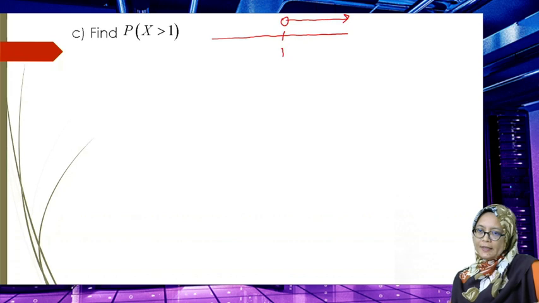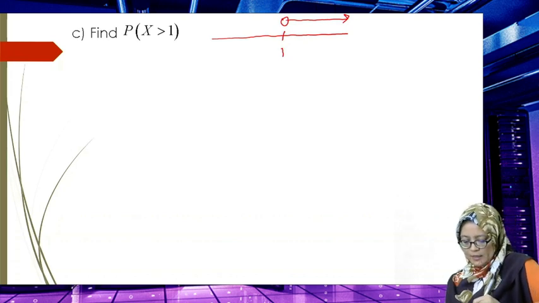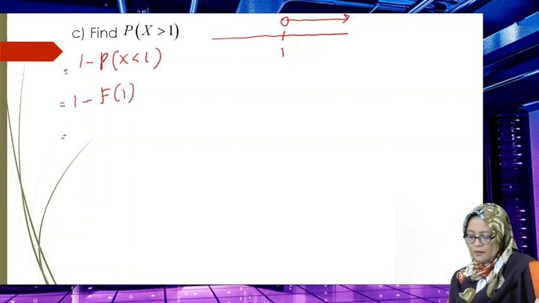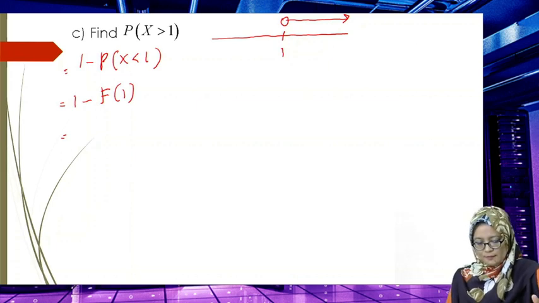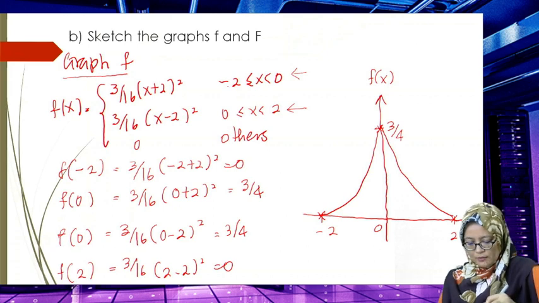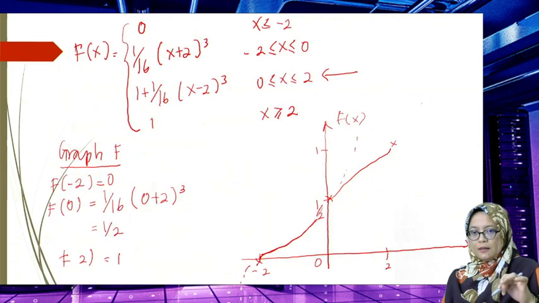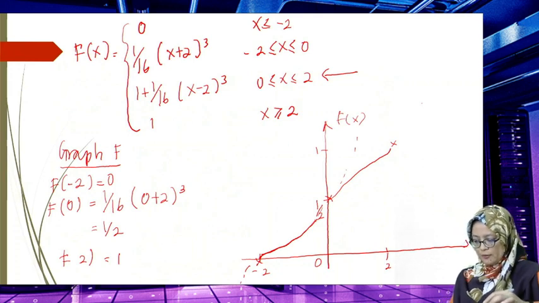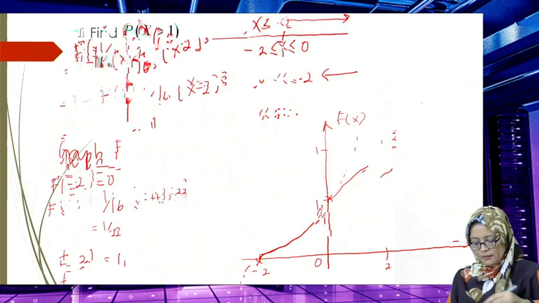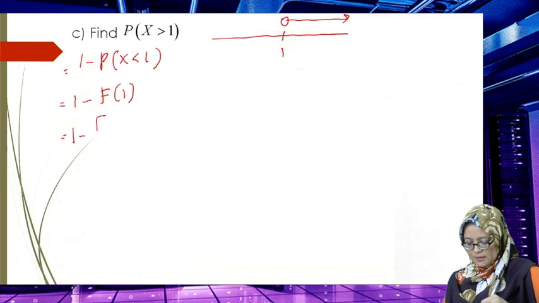Because we already have the cumulative F, we take 1 minus probability x less than 1, which equals 1 minus F(1). Looking back, x equal to 1, which function is it? It is here. So we substitute x equal to 1 into the function 1 plus 1 over 16. So 1 minus (1 plus 1 over 16 (1 minus 2) cube).